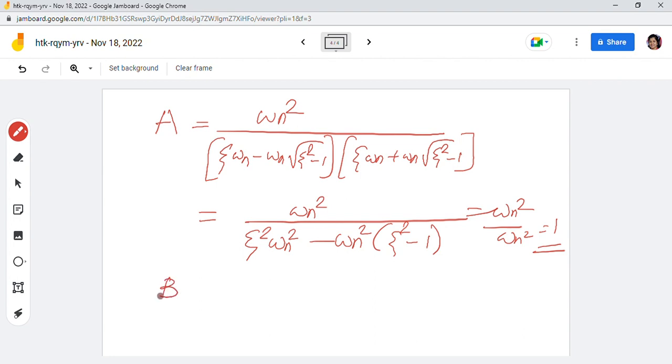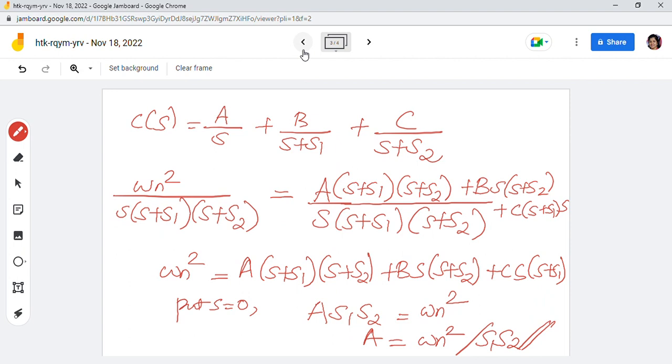Now B. How to find B? We can equate the s terms or s square terms. Now see this. Now we can equate the s terms.